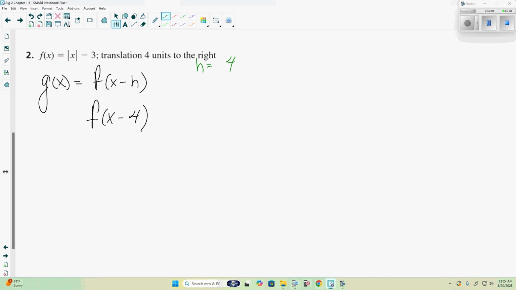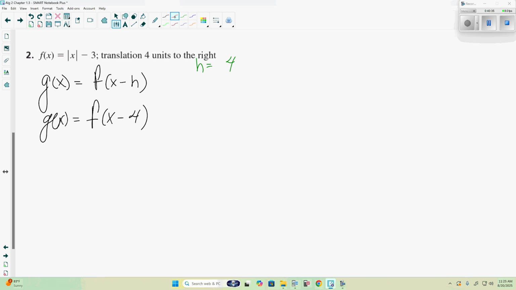Because even if we refer back to the stuff we did yesterday, with inside the parentheses of being x minus 3, well, the value of h is still positive 3. It just looks negative. x plus 3, it's still negative 3 for left. It just looks positive. All right. Questions?